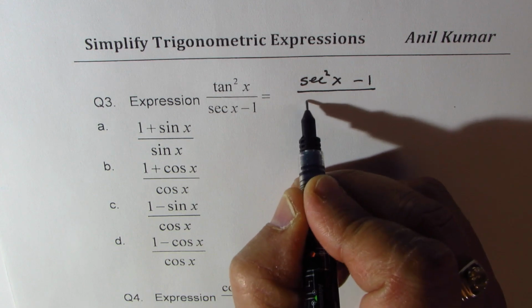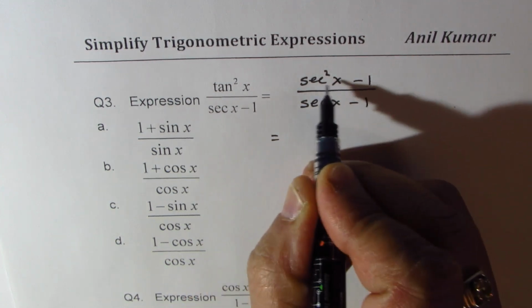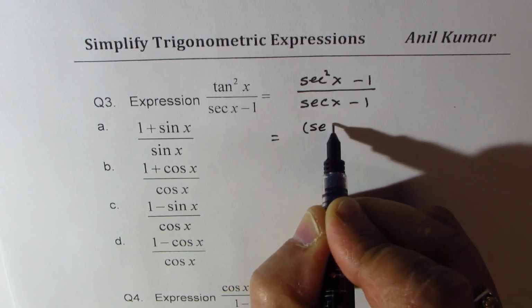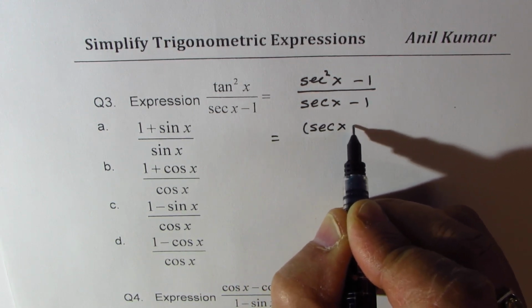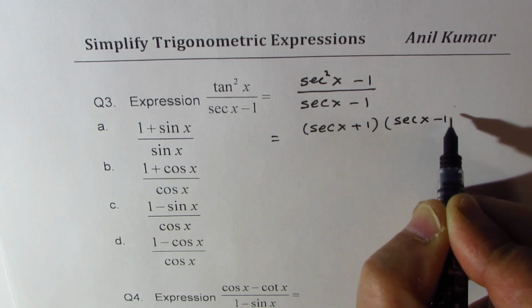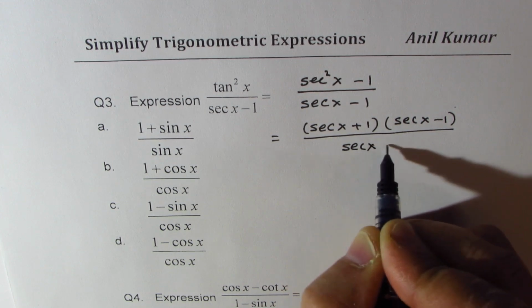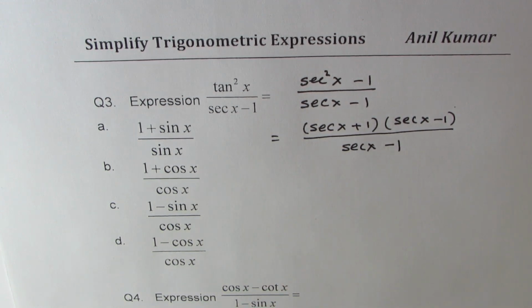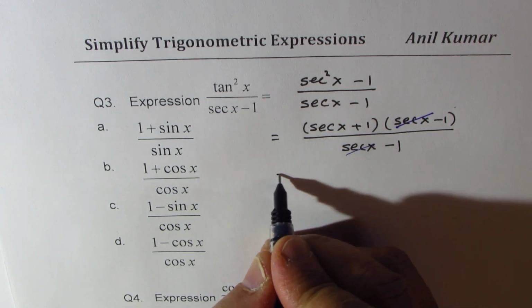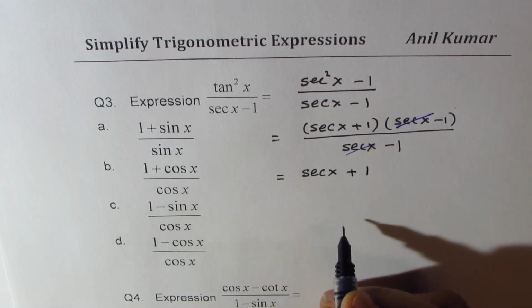And what we have in denominator is secant x minus 1. Now secant square x minus 1, applying difference of squares, could be written as secant x plus 1 times secant x minus 1 divided by secant x minus 1. Now one of the factors, which is secant x minus 1, cancels. So you are left with secant x plus 1.